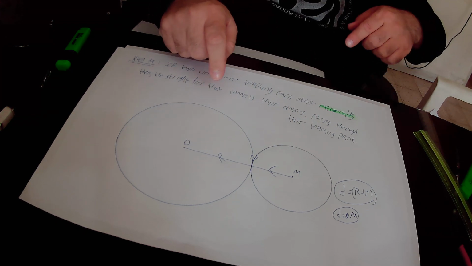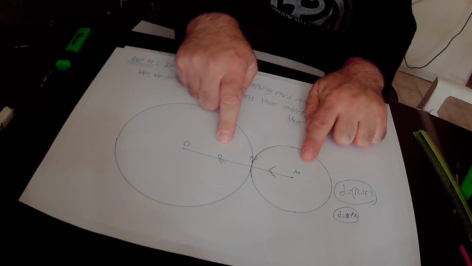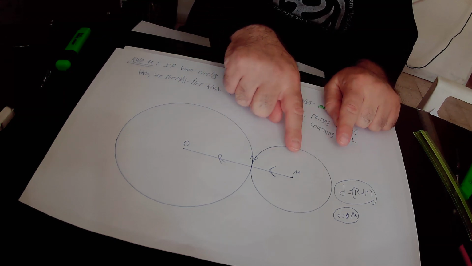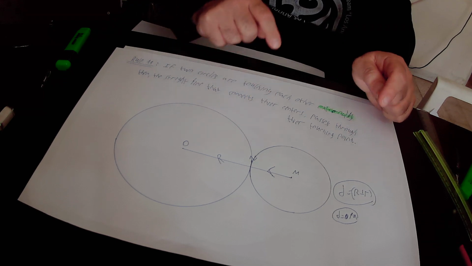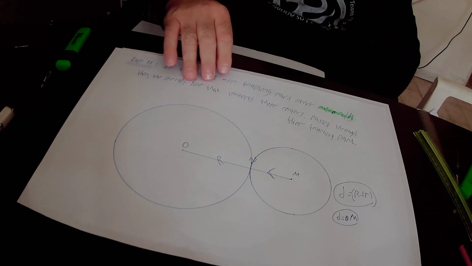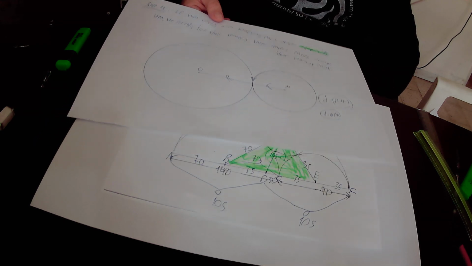And what is the distance between their centers? OM equals capital R plus small r. The distance OM between their centers equals capital R plus small r. So we can implement the two new rules in our drawing.